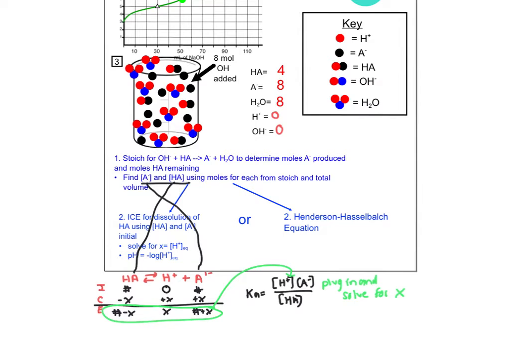Once we solve for X, X is the same as H plus at equilibrium. That's our value right here. So to find the pH at this point in time, I can take the negative log of H plus at equilibrium. The other option, after we do stoich and find the concentrations of A minus and HA, is the Henderson-Hasselbalch equation, which I will show you in a few slides. We're going to keep rolling through the titration, and then I'll talk about your choice to use this Henderson-Hasselbalch equation.